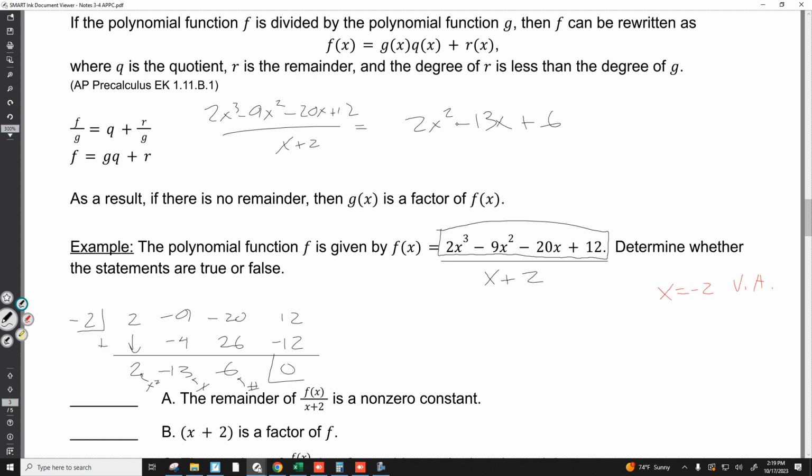Multiply both sides by x plus 2, and what you get is that the numerator, 2x cubed minus 9x squared minus 20x plus 12, equals this times this.